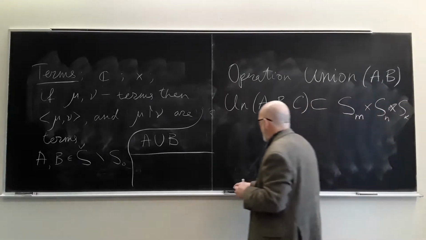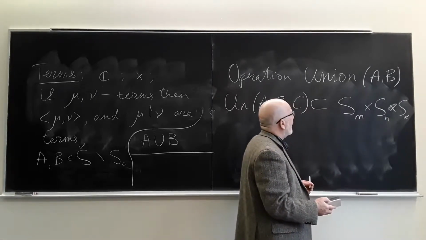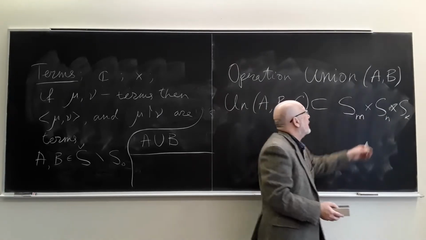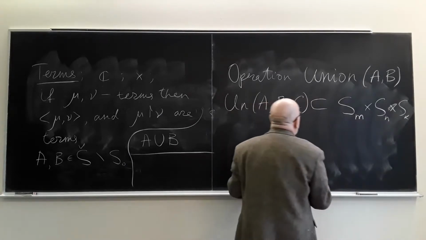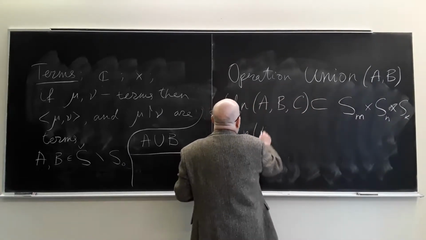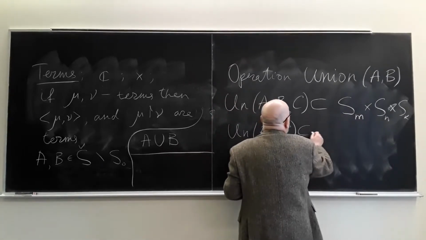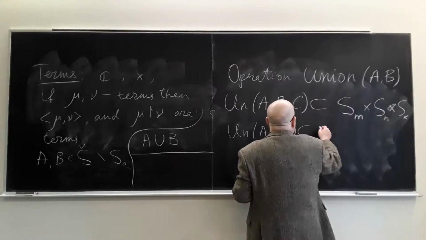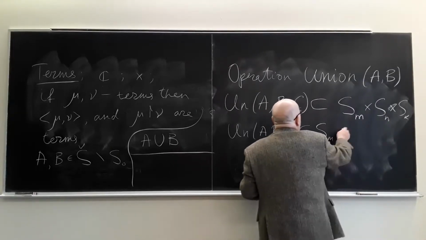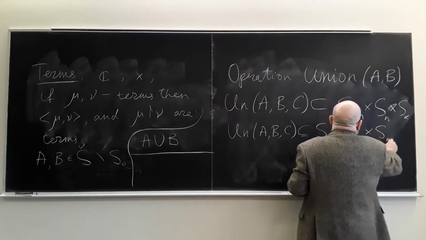To be clear, let us take m more than or equal to n and k. Union is a subset in Sm times Sm times Sm.